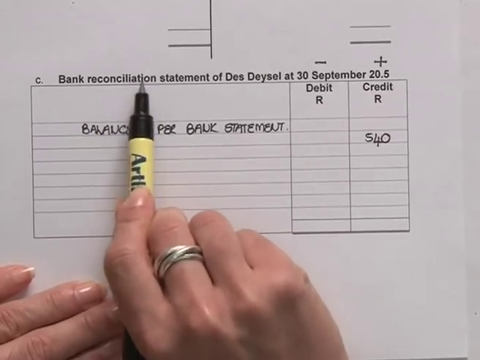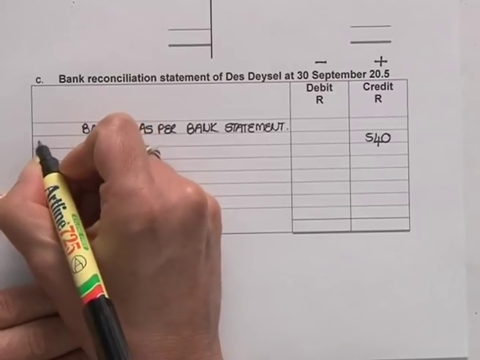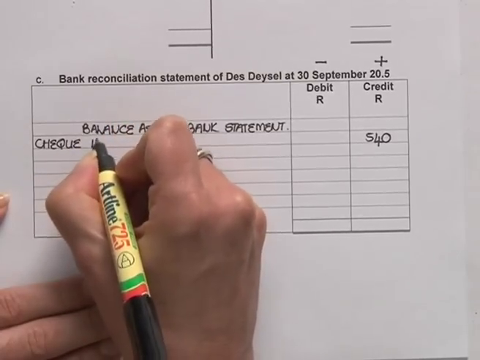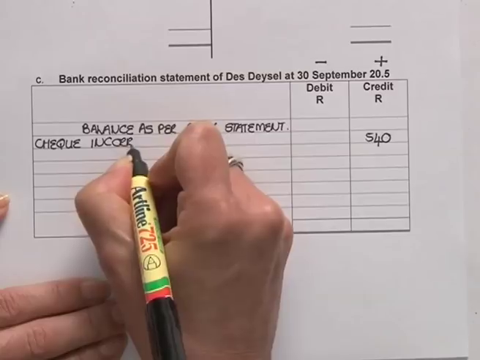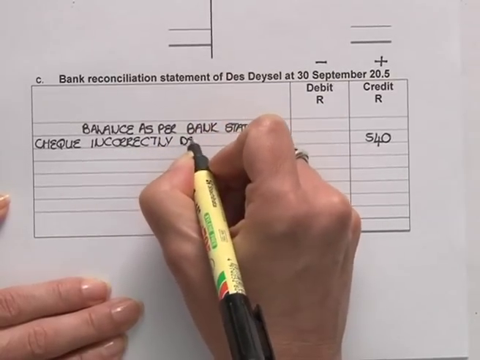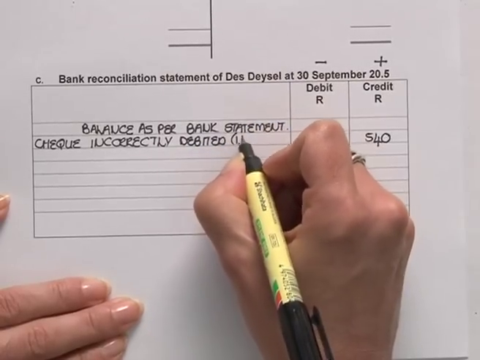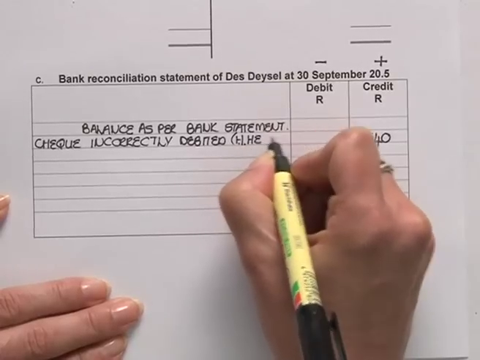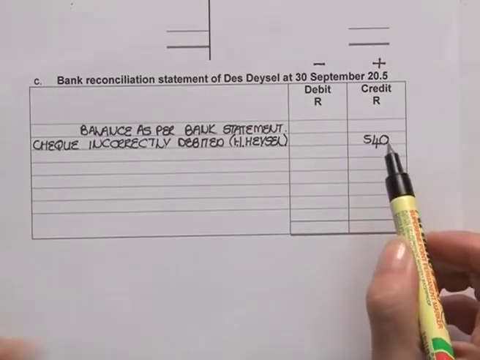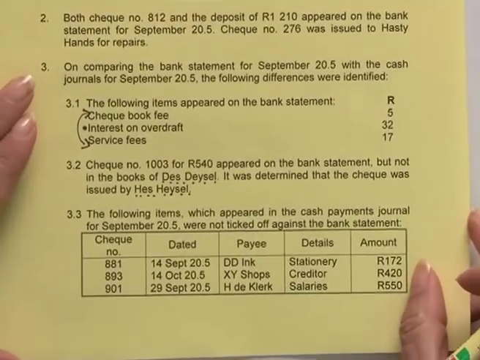Remember, reconciling the bank's books. And we're going to tell them about this mistake. It's an incorrect check. And we can give them the details of the drawer of the check. So there we've earned the mark for the adjustment for the mistake that the bank actually made.